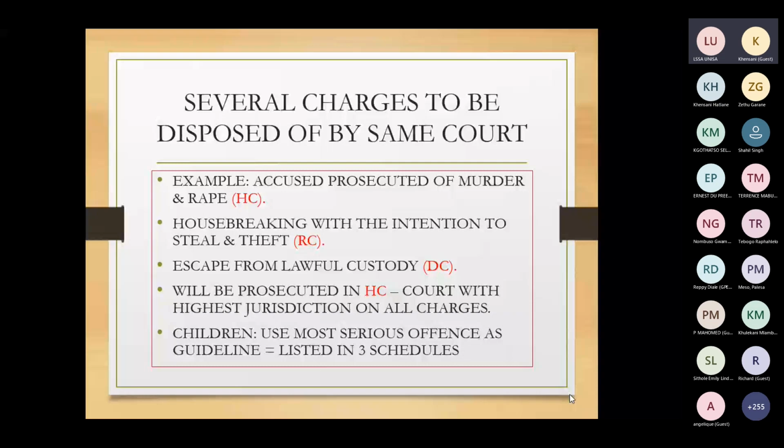Then the state can bring it to your attention that, you know what, I'm going to bring an application for an amendment to the charge sheet, whereby this will then be amended.